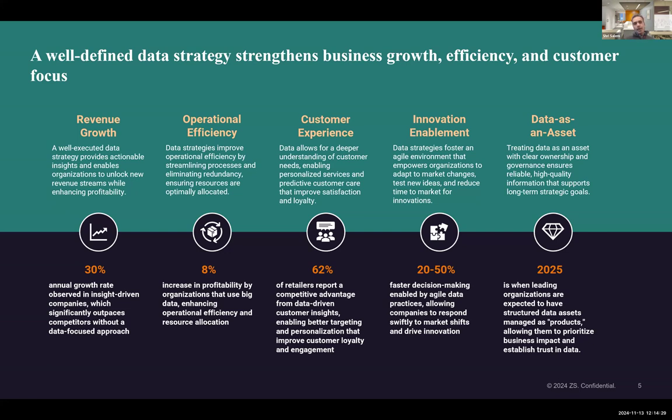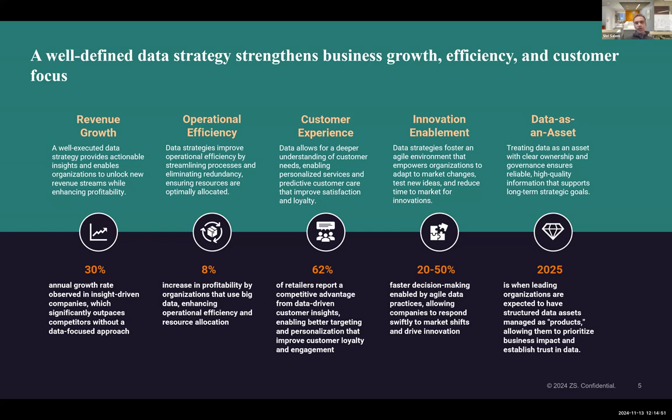So data strategy, the reason why you need that is to ensure that you can drive top line growth, operational efficiency, customer experience. Innovation is a huge thing, in terms of how can you leverage data strategy foundations to drive more use cases, and some of the foundational aspects around creating data products and data as assets, right?